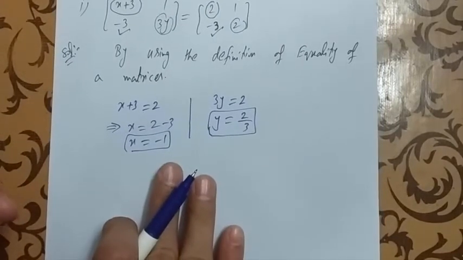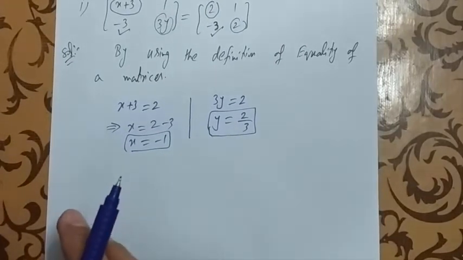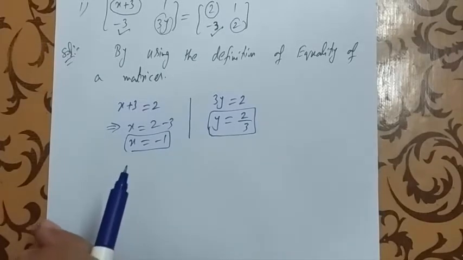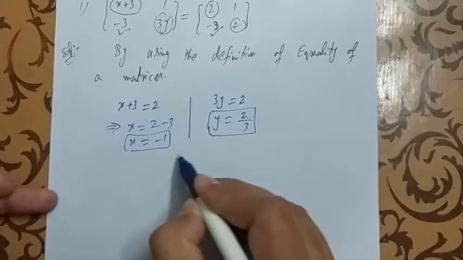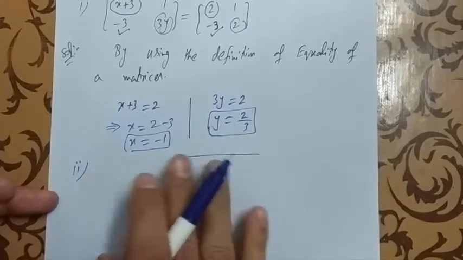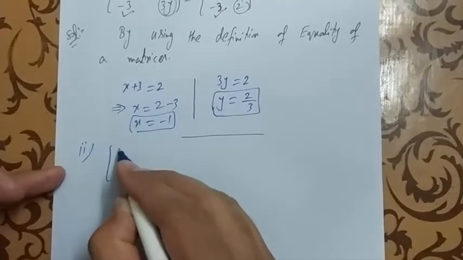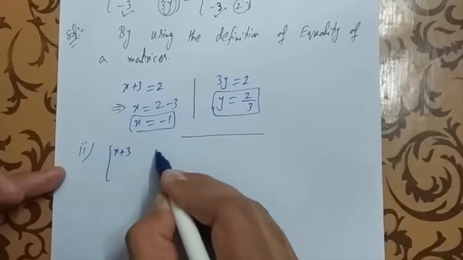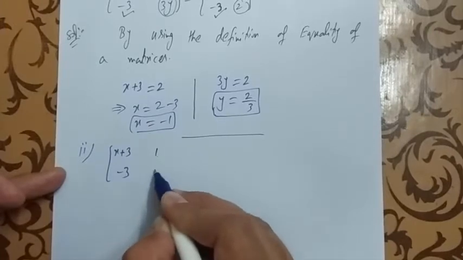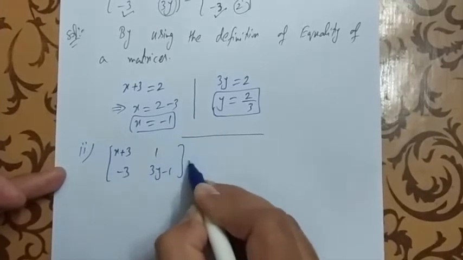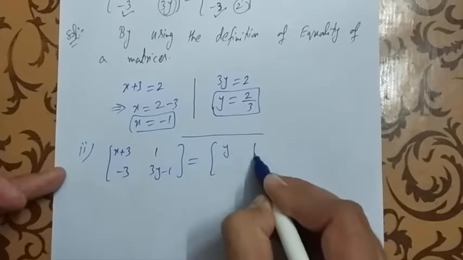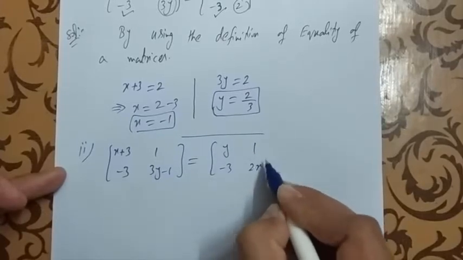Similarly, students, you have to do the next question, number 2, which is the matrix [x+3, 1; -3, 3y-1] equals the matrix [y, 1; -3, 2x].